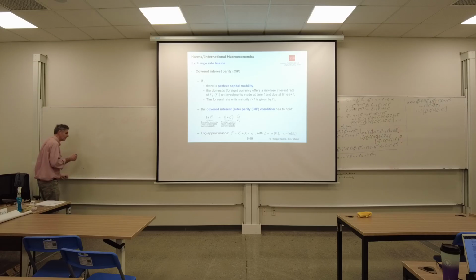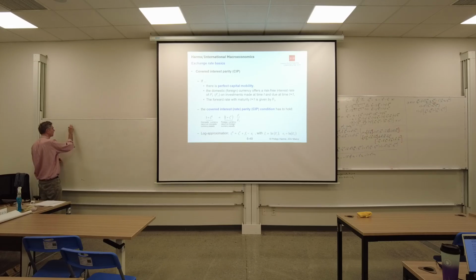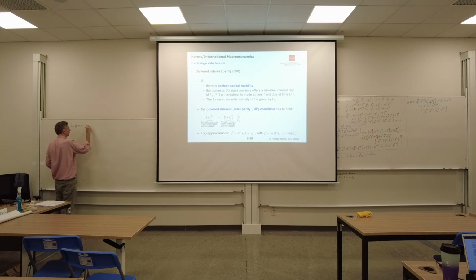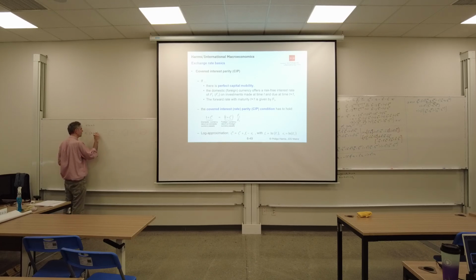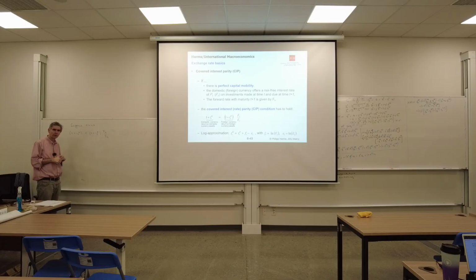Suppose that covered interest parity is violated. Suppose that 1 plus i_H is smaller than 1 plus i_F times F_t over E_t. Suppose you switch on your computer in the morning and that's what you observe. What would you do?